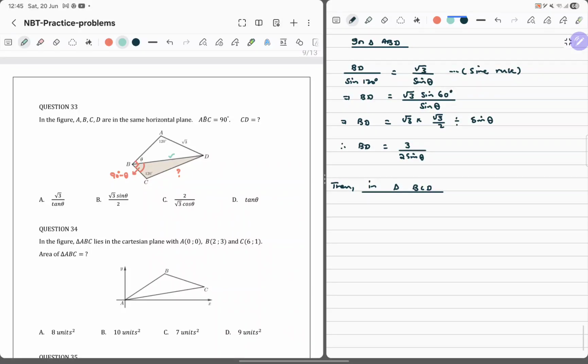We know that CD over sine of 90 degrees minus theta, that would be the angle, is going to be equal to BD, which in this case is 3 over 2 sine theta.